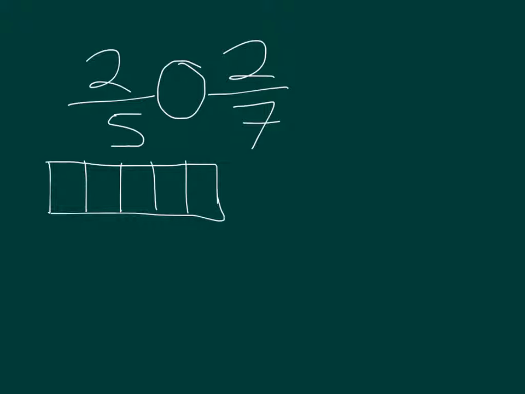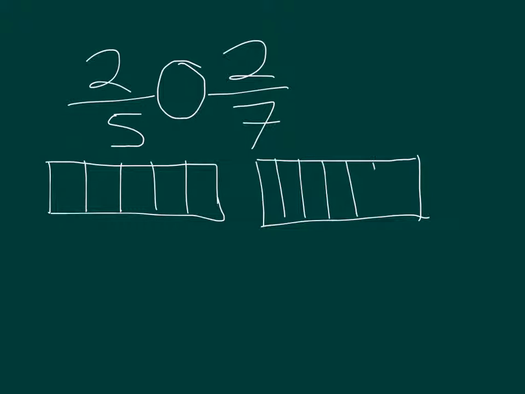But on the other fraction, we're going to draw the same size pizza, but we must cut this into 7 pieces: 1, 2, 3, 4, 5, 6, 7. And since the whole pizza on this fraction is cut into larger pieces than the whole pizza on this fraction, these have to be smaller in order to cut them into more pieces.